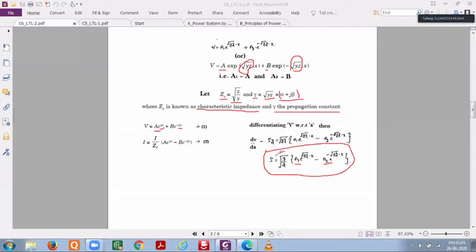Right? Now see this term. It is under root Y by Z. But what is your Zc? Under root Z by Y. So that's the reason we are writing this as 1 by Zc. Is that clear, please?